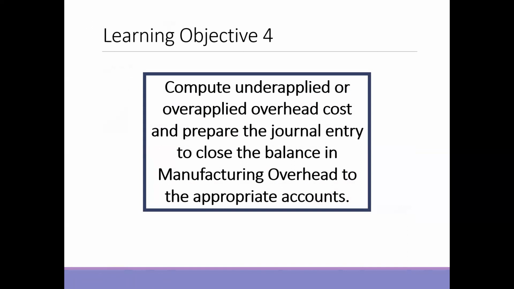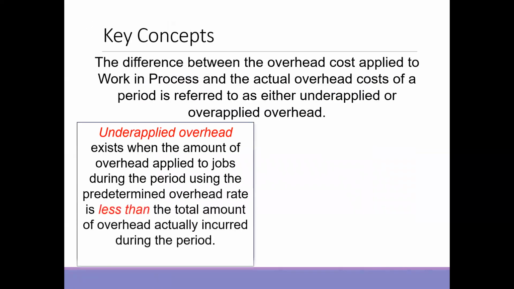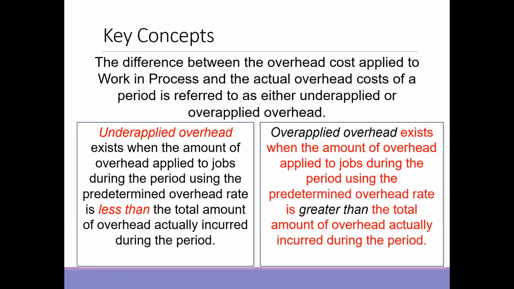So now we're going to figure out this underapplied or overapplied overhead cost. And we'll figure out how to prepare the journal entry to zero out the manufacturing overhead balance. Okay. So the difference between the overhead cost applied to work in process and the actual overhead costs, we refer to as either overapplied or underapplied overhead.